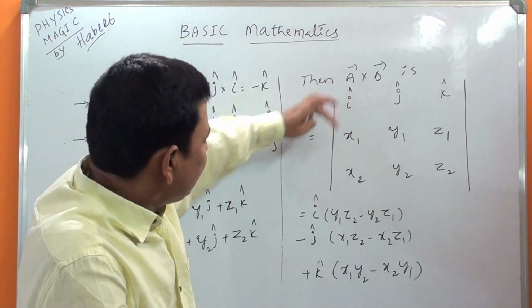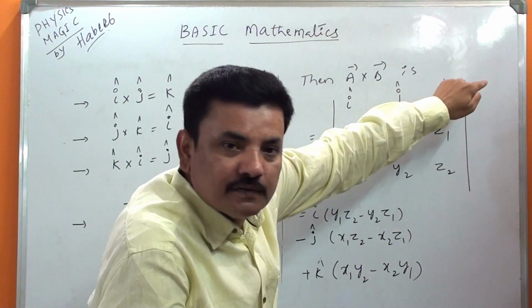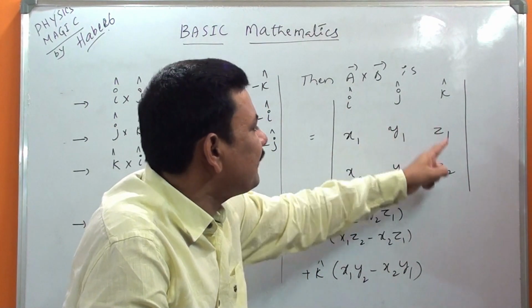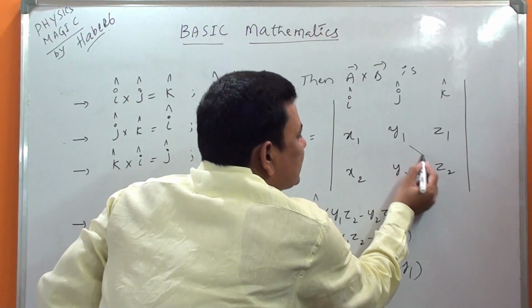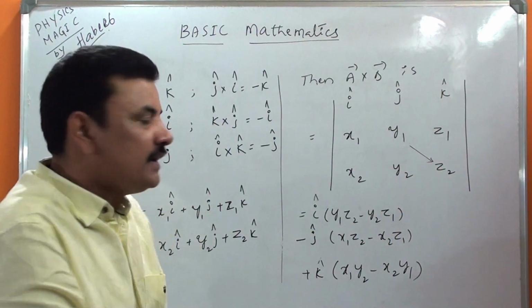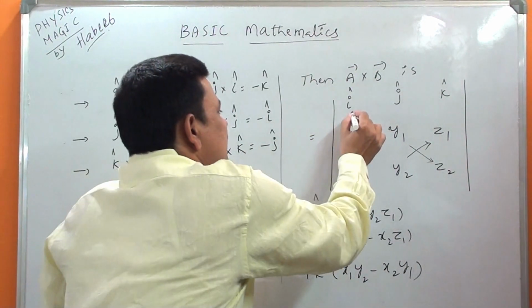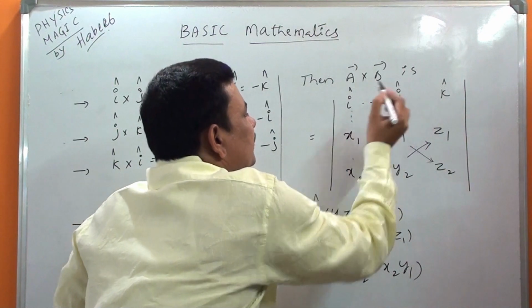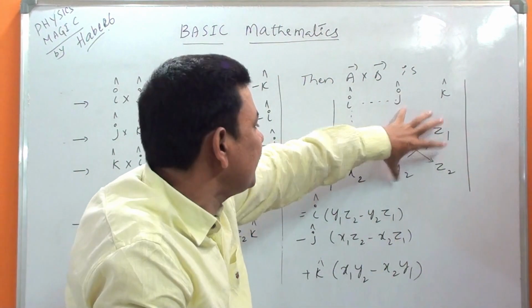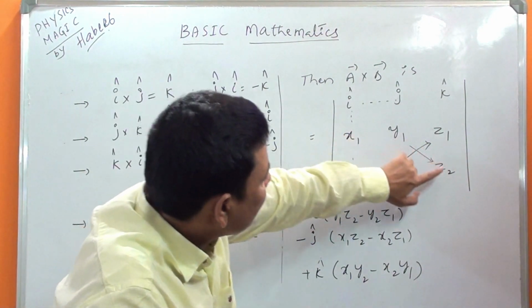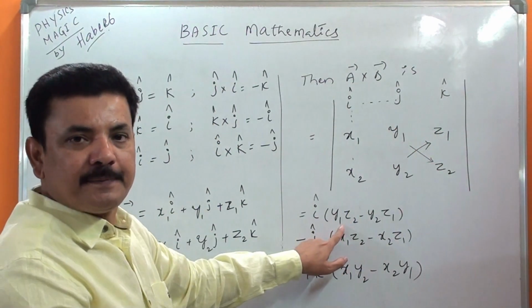Then for i, first you write like this: you leave this column and this row, so you will be left with 4 terms. Then multiply these two, this is the order, first these two you have to multiply, then minus of these two. So i into y1 z2 minus y2 z1. This is what I wrote.